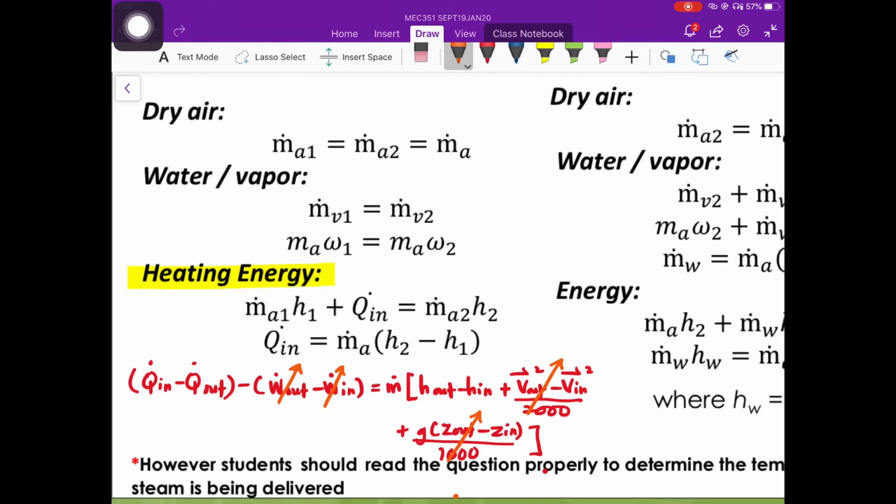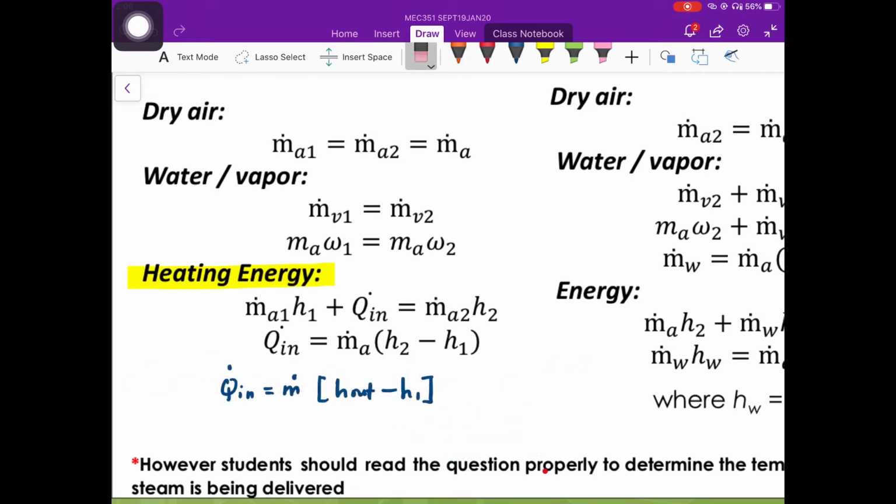And in the heating process, the heat is being supplied to our system. Therefore, the Q dot out term can be neglected. Our steady flow energy equation will now become this expression. Note that we are going to use the mass flow rate of the dry air during the air conditioning process analysis.